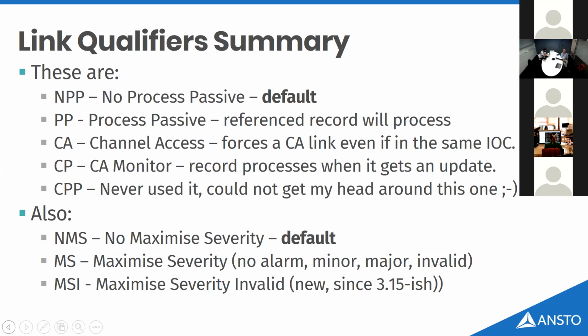I think PP actually processes it every time, whereas CPP only does it if the record is actually passive. If the record isn't passive, then it says I'm going to ignore you, essentially. That sort of makes sense. I don't know where the C comes from. It'll be a Channel Access link, because it's got to do a CA monitor to get the update.